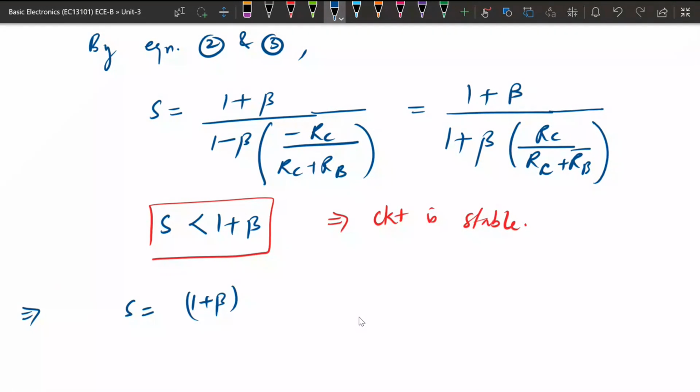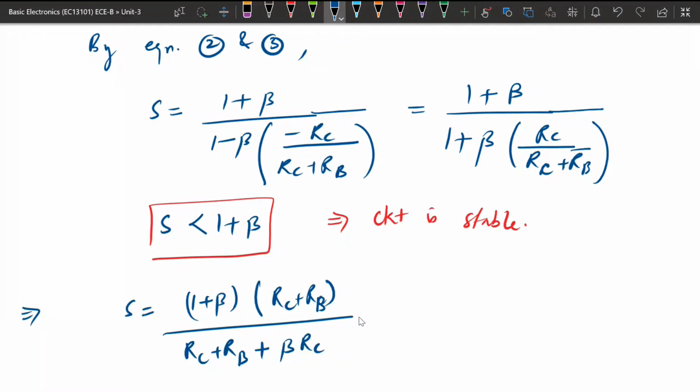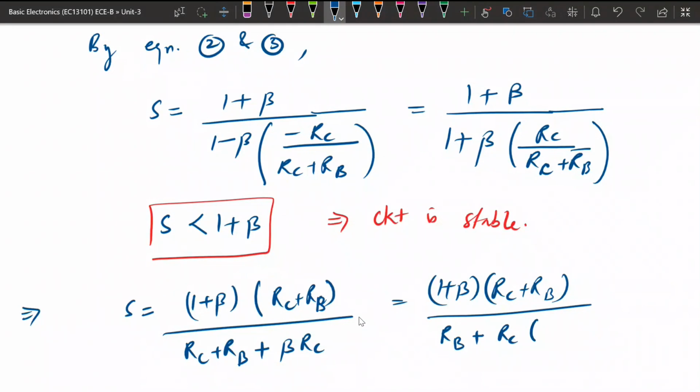If we multiply this by RC plus RB, it will be RC plus RB in the numerator, RB divided by RC plus RB plus beta times RC. So it is 1 plus beta, RC plus RB, divided by RB plus RC times 1 plus beta.